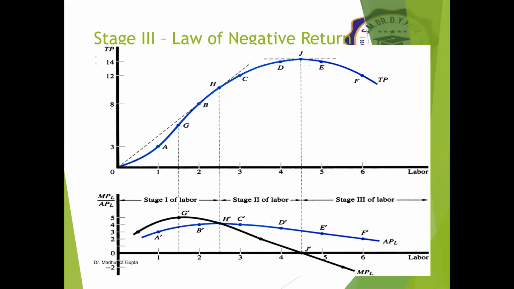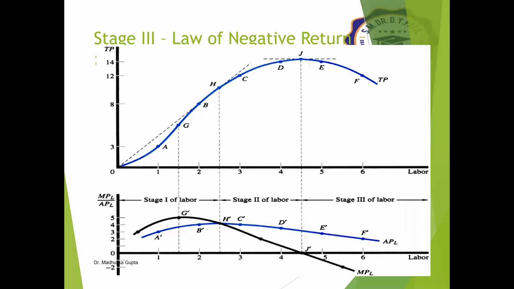So in this stage 3, TP declines. TP is declining. See, after J, it is coming down. So TP declines, MP is negative, AP is also declining. So this stage is called the stage of negative returns since MP is negative. Understood?